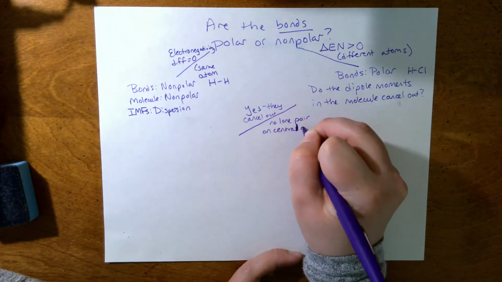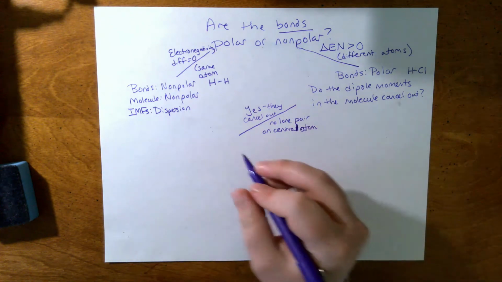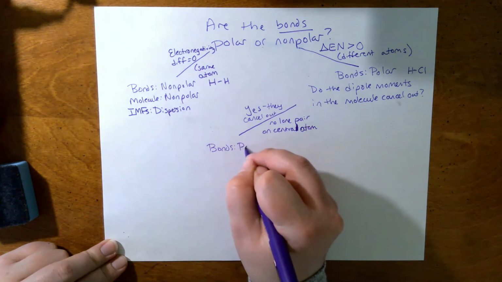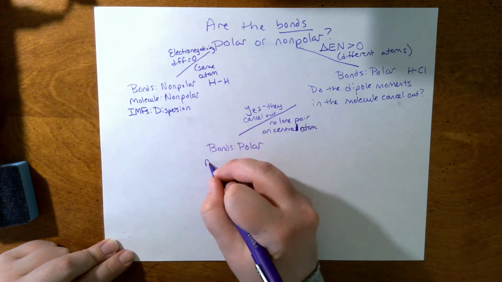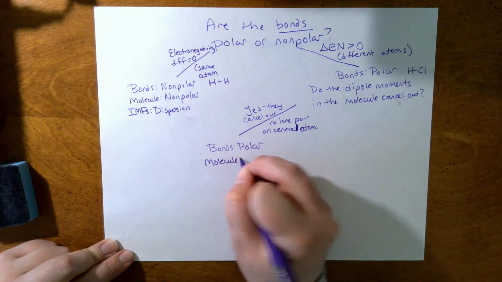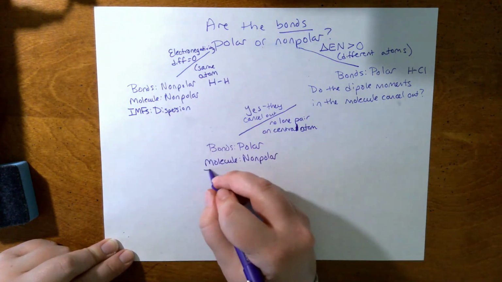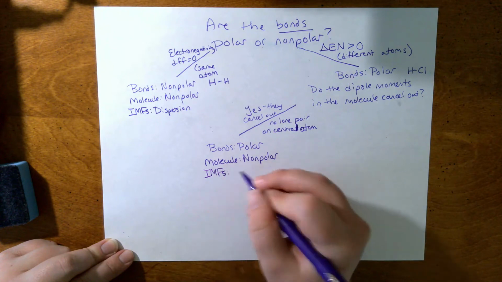In this case, we know we had polar bonds, but if the dipole moments cancel out, the molecule is nonpolar. And if the molecule is nonpolar, we know that the intermolecular forces are dispersion.